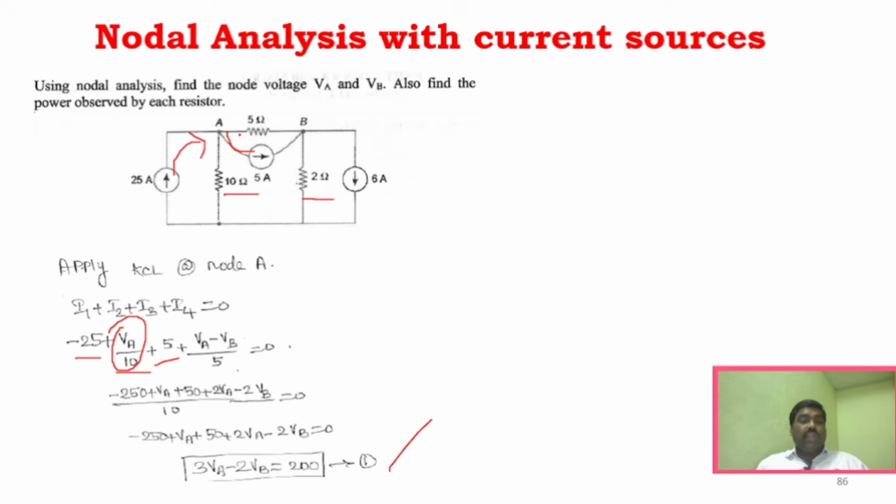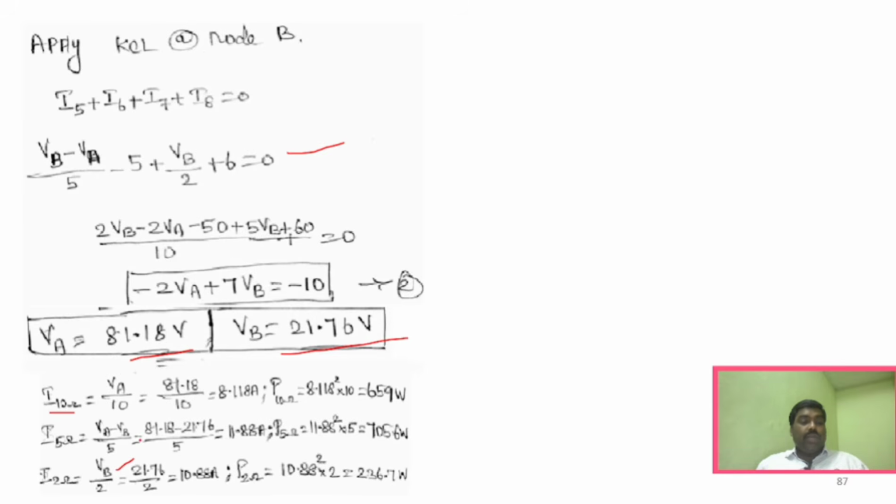And for the 5 ohm resistor, it is VA minus VB divided by 5. You will substitute the VA minus VB value and the VA value, so that you will find out the currents across the 10, 5 and 2 ohm resistors. Same as we did in previous problems, right?